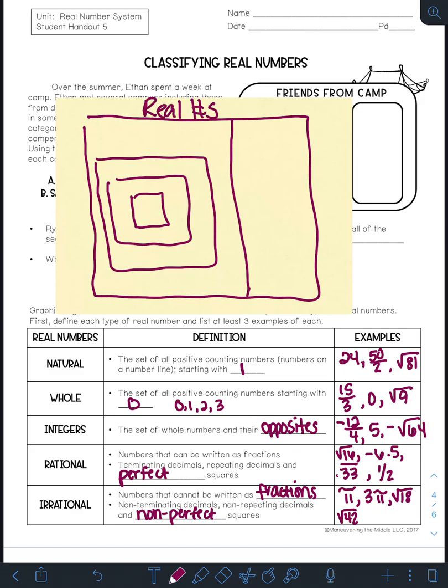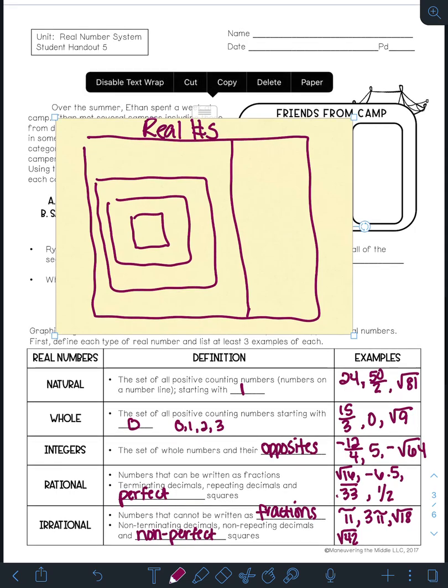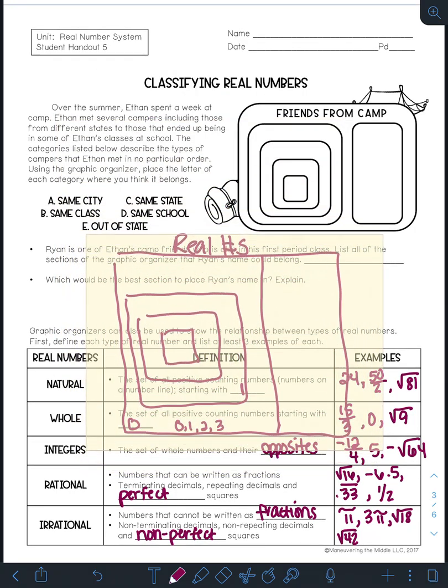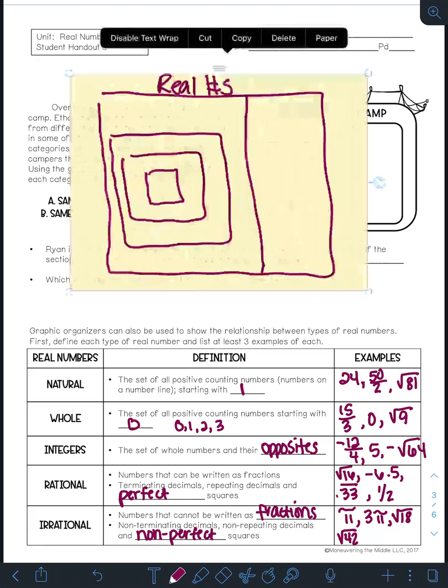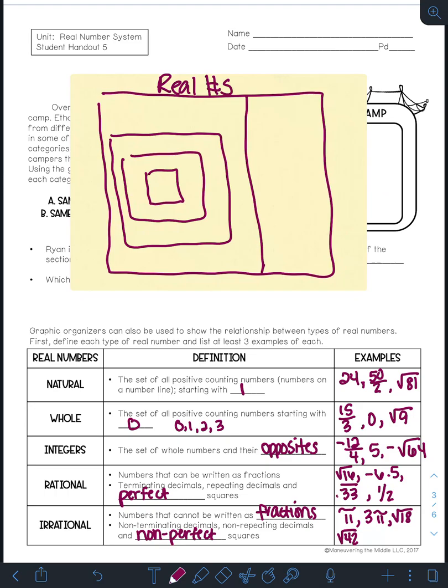Just kind of exactly like this other one that you just saw, right? The boxes kind of look the same. So within this smallest box is going to be your natural numbers. And that is like your 1, 2, and so on. Remember we don't start at 0.